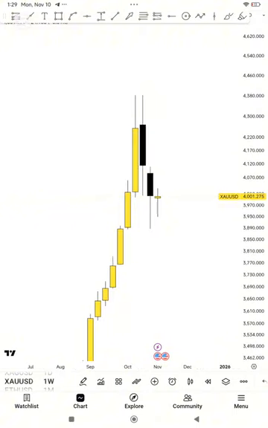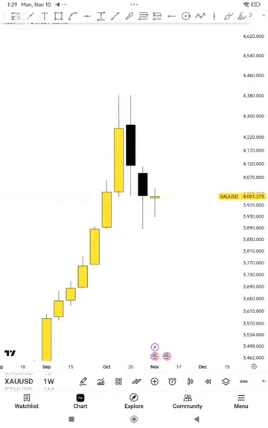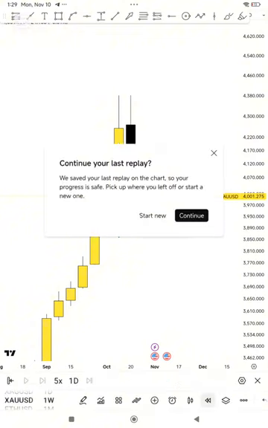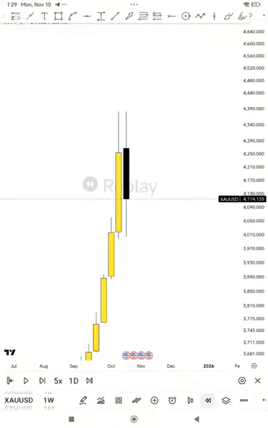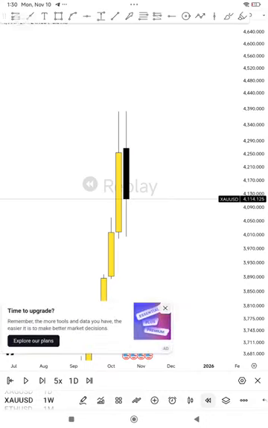Now pause here for a second, zoom in and tell me what you see here.